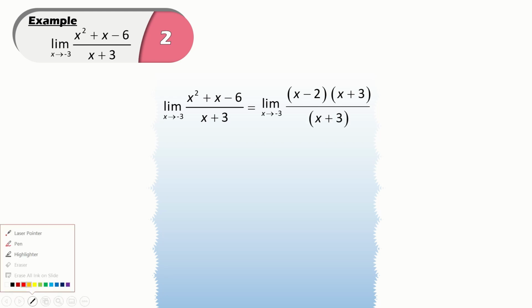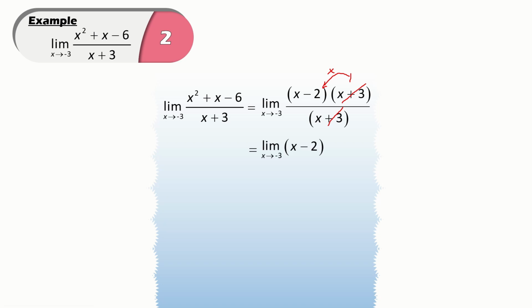The factor, the sum of x and 3, in the numerator can now be divided by the denominator. Get the quotient, which is 1, and multiply it to the remaining factor, which is the difference of x and 2. Then, the product is the difference of x and 2.